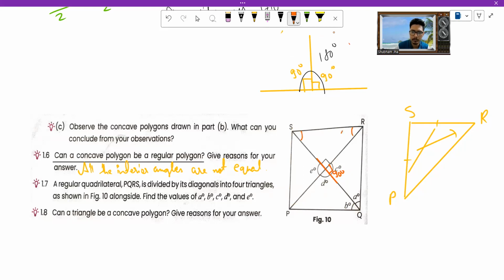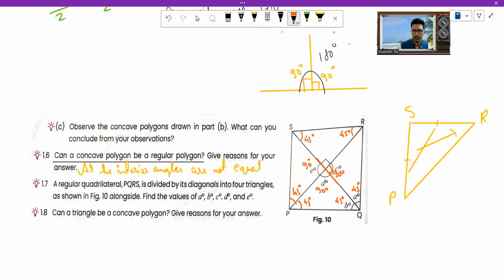Means this will be my 45 degrees and this will be my 45 degrees. Similarly, this will also be 45 degrees, this 45 degrees, this is 90 degrees, this is 90 degrees, this is 45, this is 45.